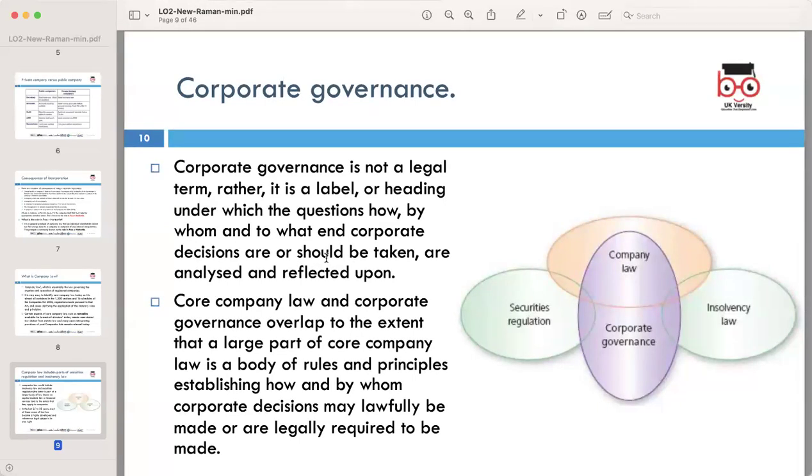So, core company law and corporate governance overlap significantly, as many aspects of core company law establish rules and principles defining how and by whom corporate decisions may lawfully be made.